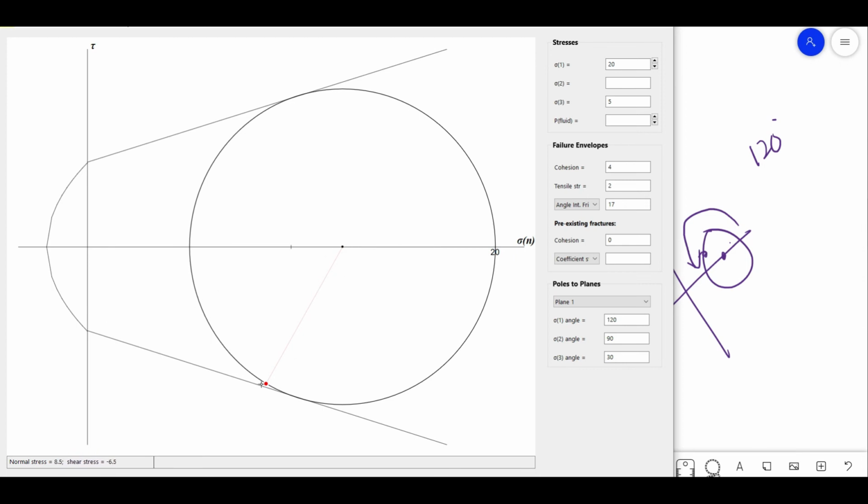So this is the plane. So we need to know how to fracture a particular plane at a given stress condition. Okay, then we'll reset it to the normal. I think this is okay.